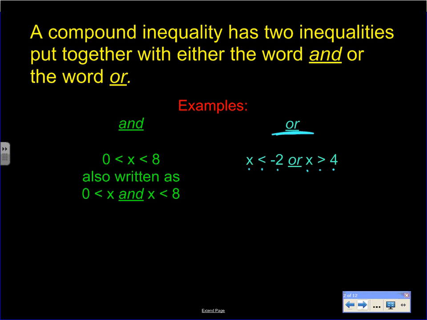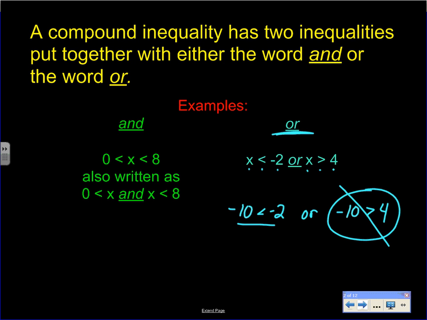So can you pick a number for me? Well, what about if we pick -10? Is -10 less than -2 or -10 greater than 4? -10 is less than -2, that one is true. Or -10 is greater than 4, that's not true. But because this is an or, all you have to do is meet one of them in order for the solution to fit.